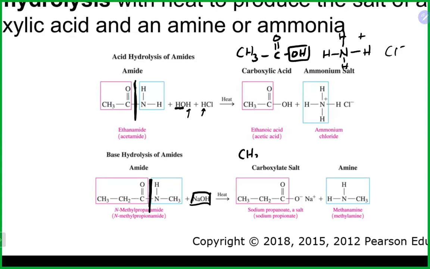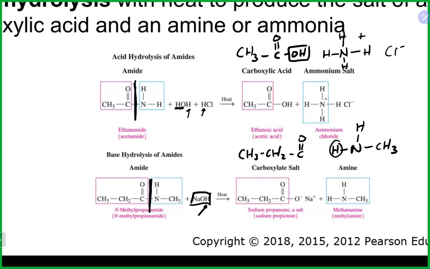You could kind of draw the two parts where you break it apart. And obviously over here we have this guy, which is definitely more of an amine. And like I said before, we are going to get our amine back. So we're going to borrow a hydrogen here, and that's going to complete our amine.